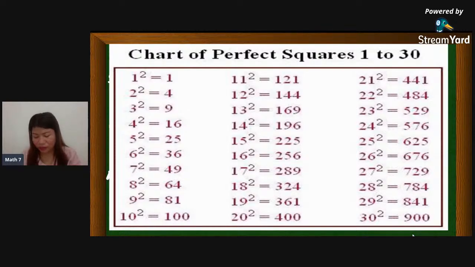Nandiyan na ba si ano? Type done kapag tapos na. Malabo.